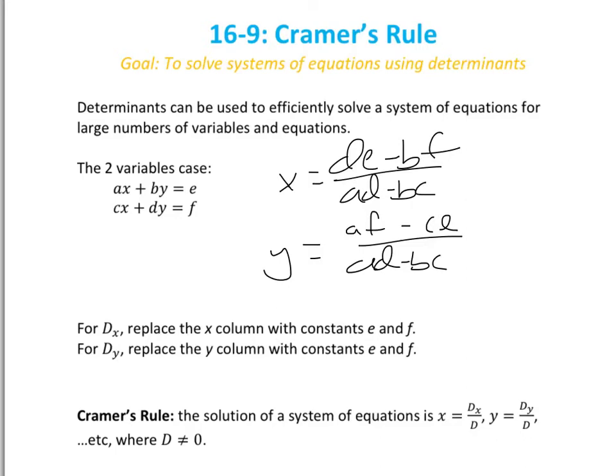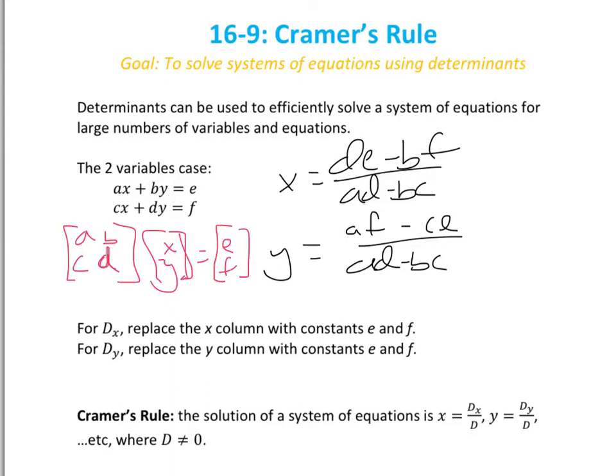Now, what do these look like in terms of determinants? Okay, well, if you look on the bottom here, they have the same thing on the bottom, ad minus bc. Well, remember we were making matrix equations. We made this matrix equation, the matrix a, b, c, d times x, y, equals e, f.